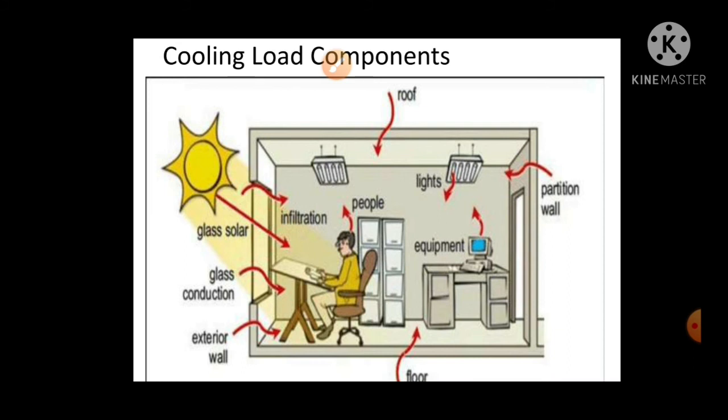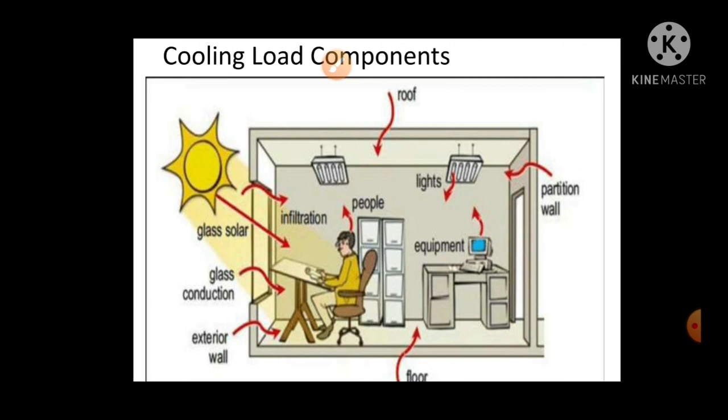A batch of 25 students are there, you have to take 30 students, or a classroom is there with 60 students and one staff, you have to take 61 occupants inside the classroom or laboratory. You have to calculate how many people are sitting maximum inside the room at a time, and take that as the maximum workload, that is the load by the occupants.